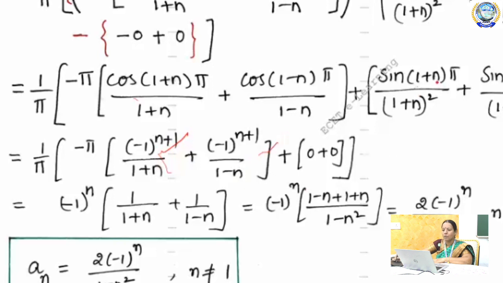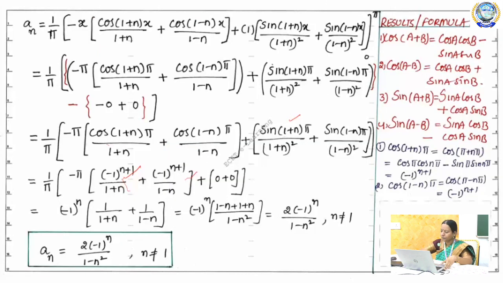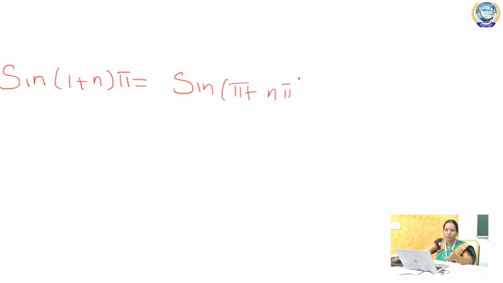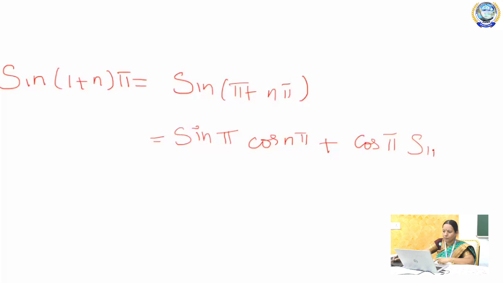Now it remains to evaluate sin (1 plus n) pi. Let us see that. Sin (1 plus n) pi is nothing but sin (pi plus n pi). By using the formula sin (a plus b), this equals sin pi cos n pi plus cos pi sin n pi.